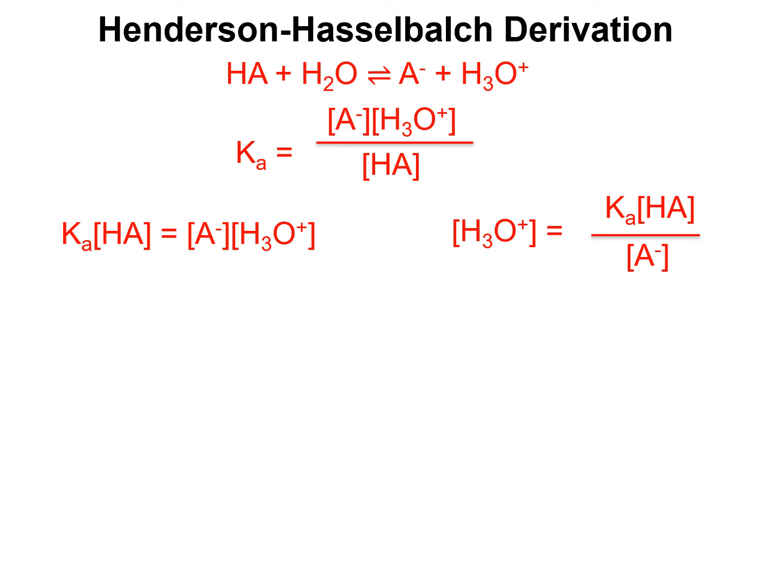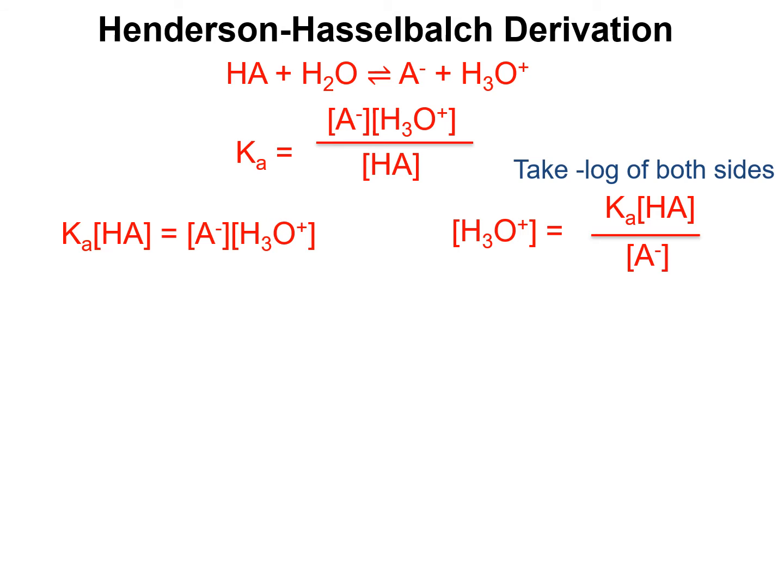And then I could keep going one step further and rearrange this, so that instead of trying to figure out what my Ka is, let's figure out what my hydronium concentration is. This is essentially a simplified version of what we do when we look for our X value. The next thing we're going to do is take the negative log of both sides. Why would we want to do this step?